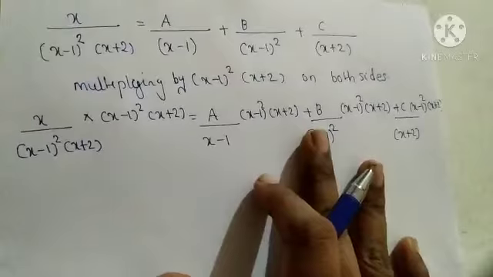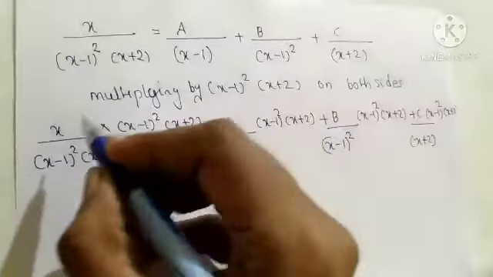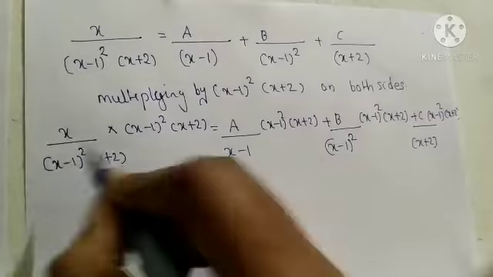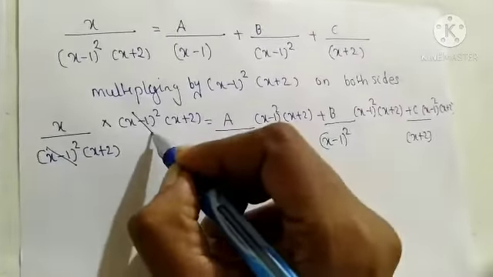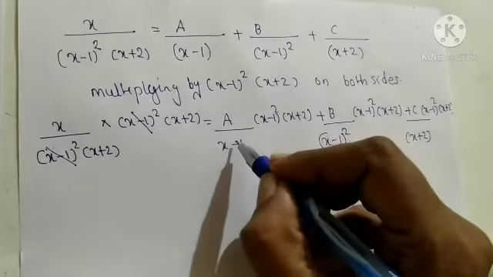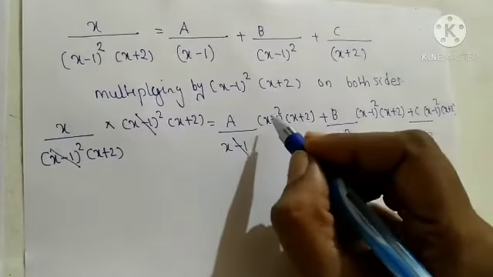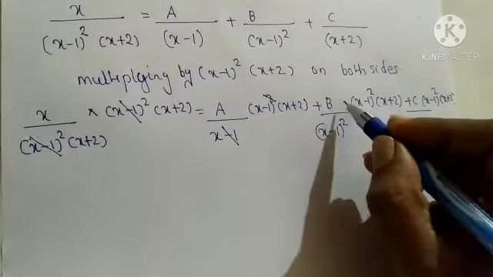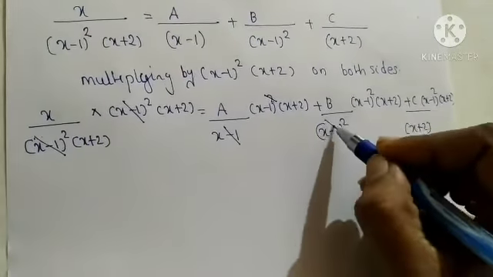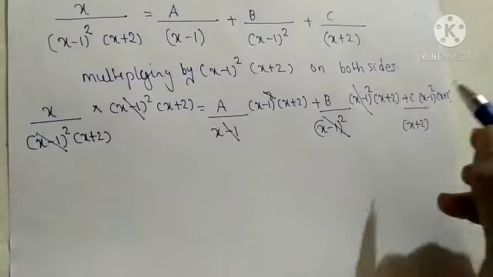We can see that in the first term on the LHS, the (x minus 1) whole square is common, so they cancel each other. And on this side, one (x minus 1) is cancelled. In this term, the (x minus 1) whole square will cancel.